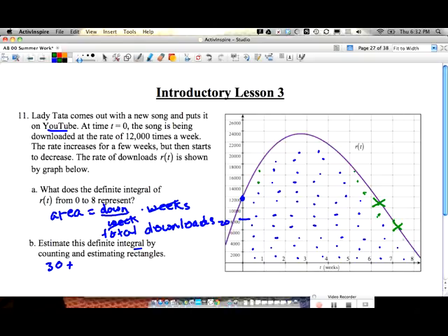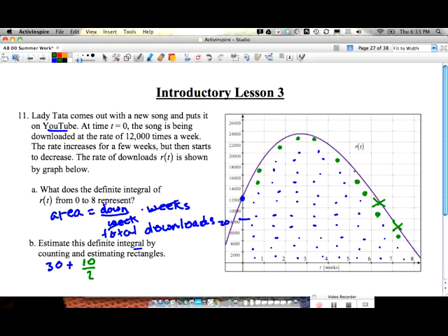Actually, no, I will count that one. That looks like a half. I'm not going to count this one, but we'll count this one. So I got 1, 2, 3, 4, 5. Maybe these two together make, or these are about halves. 6, 7, 8, 9, 10. So I got about 10 halves, so that's about 5 there.